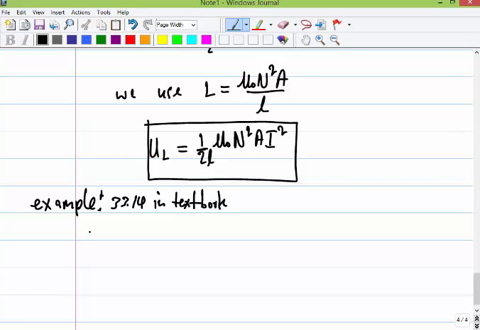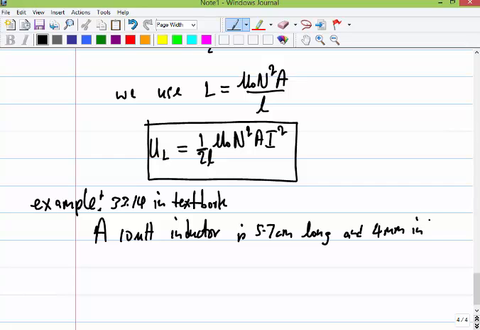Okay, so here the example says a 10 microhenry inductor is 5.7 centimeters long and 4 millimeters in diameter.